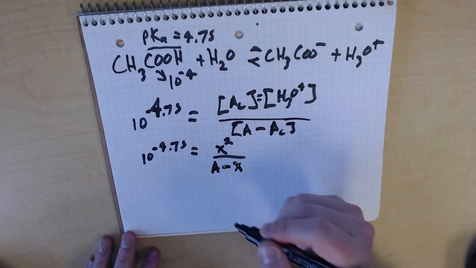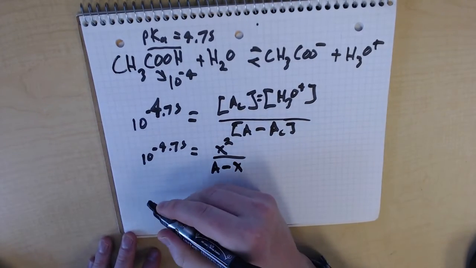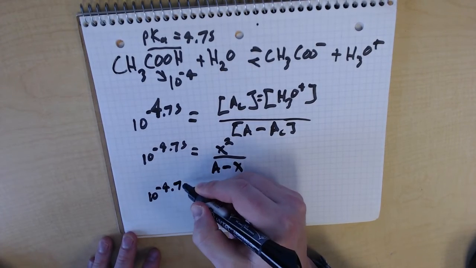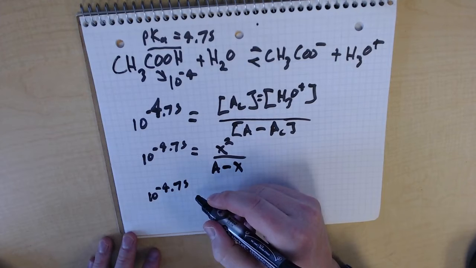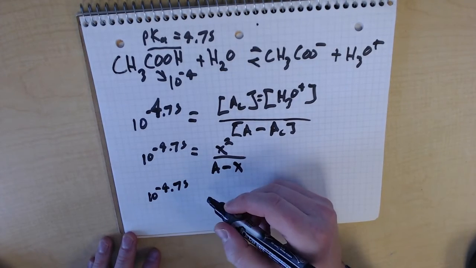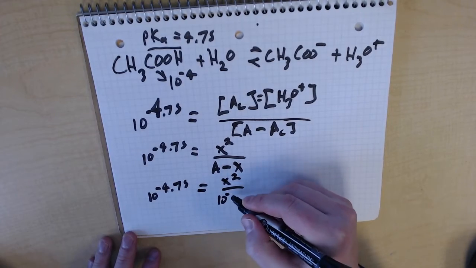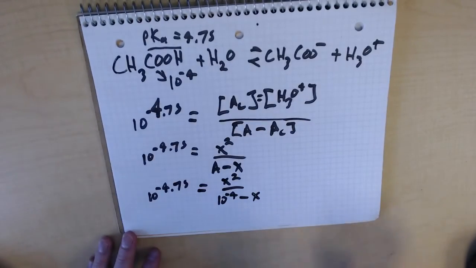And we actually know the concentration of the acid, so we can do even more simplification. And we can say the Ka equals x squared over 10 to the negative fourth minus x.